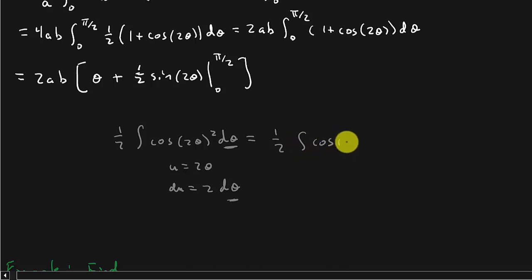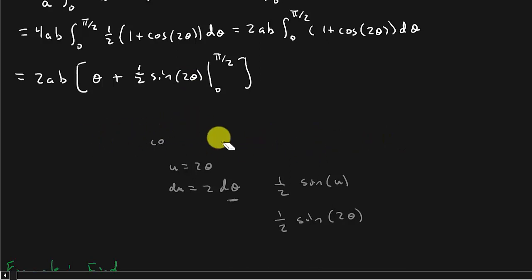That's 1/2 cosine u du, so that's 1/2 sine u, and in the place of u we put 2 theta. In case we run into this later on, just remember this is how you could do it. Or you could just know that the antiderivative of cosine is sine, times the reciprocal of the number in front of theta.